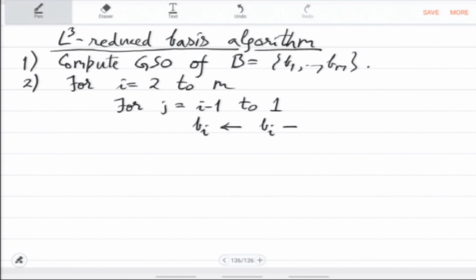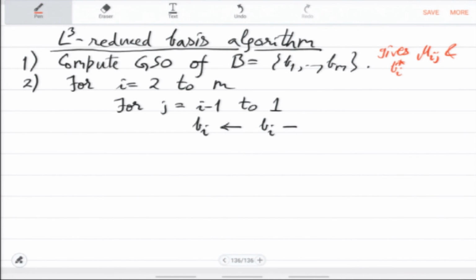The point is, what is the output of step 1? This gives mu ij and bi stars, but mu ij's are real numbers, right?